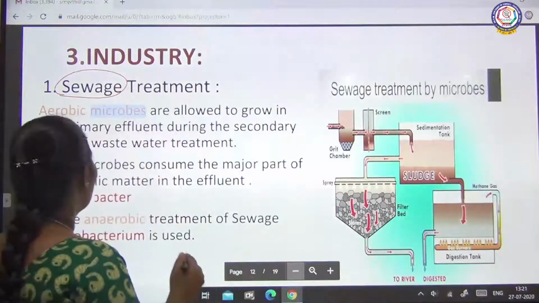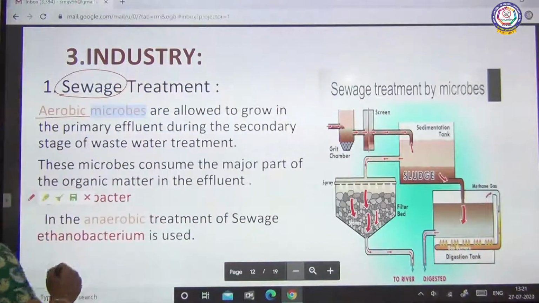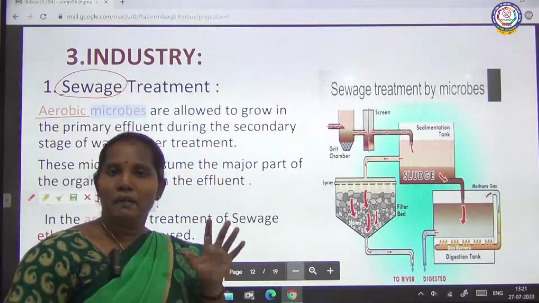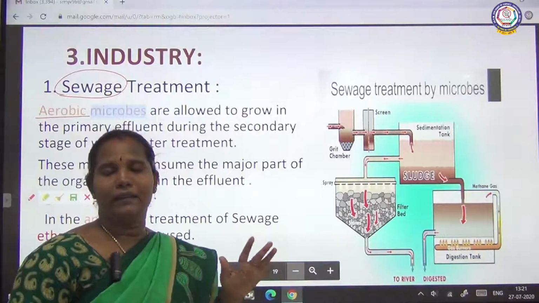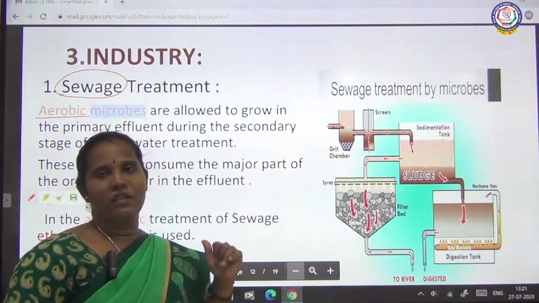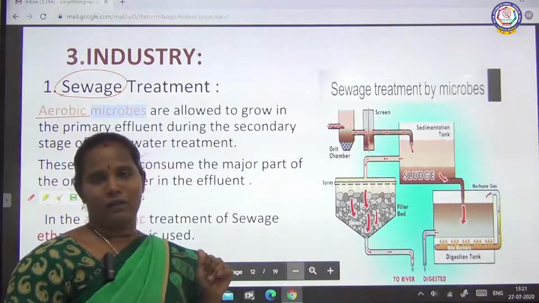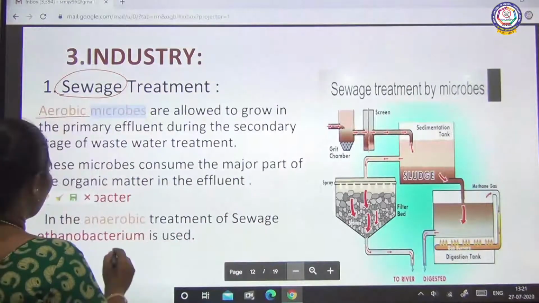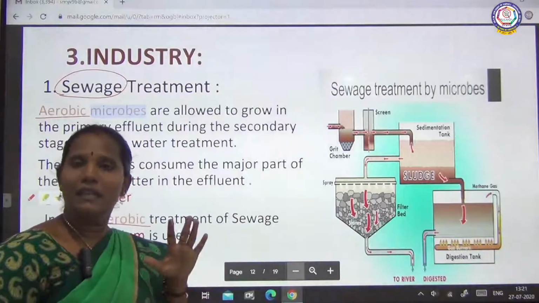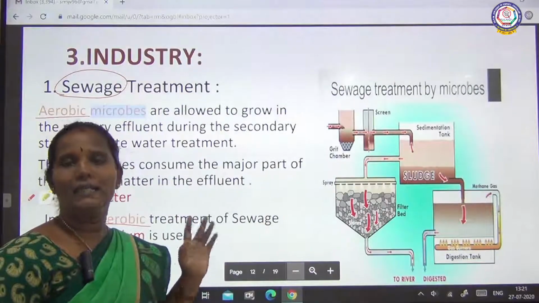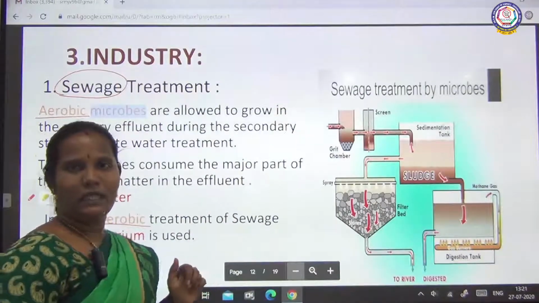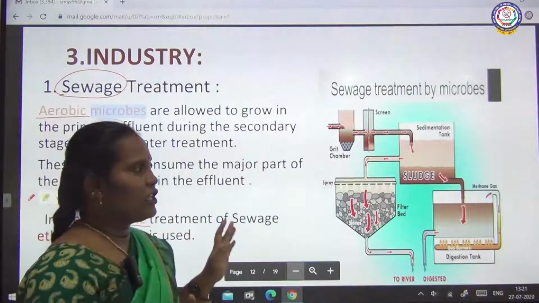Aerobic means, we know very well, the microbes use air, that is oxygen, for respiration. Anaerobic means the microbes do not require oxygen for respiration. See how sewage treatment happens.